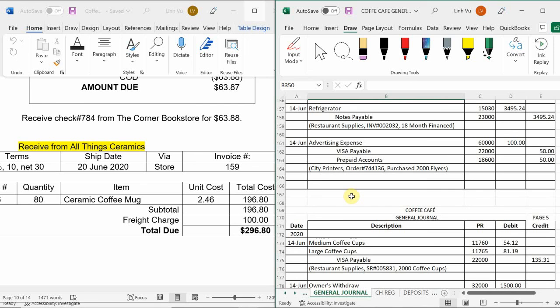Yes, we do need to go to the purchase order, but we haven't finished journalizing yet.